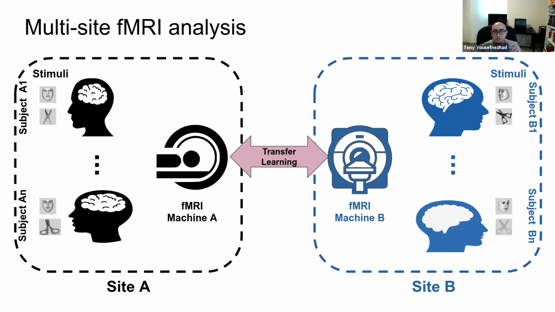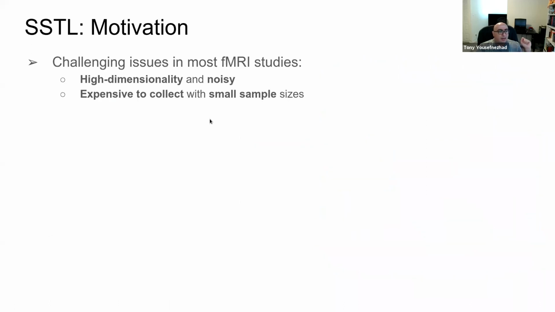Here my example is for two sites, but our model can be extended to multi-site, learning from tons of sites and then applying to tons of other sites. We don't have any limitation there. So how can we extend this idea, and why do we have to? The first reason is that fMRI data is high dimensional, which returns to Ross' question.